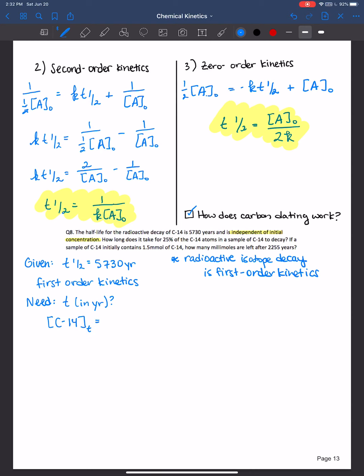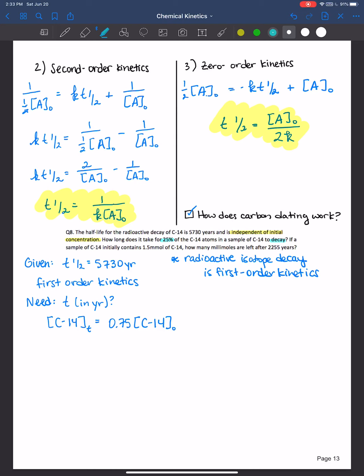Now, if it decays 25%, then what you have is 75% left over of the initial concentration. So make sure that you're looking at the vocabulary that's being used when you're reading the problems. It's saying how long does it take for 25% of those initial carbon-14 atoms in a sample to decay.